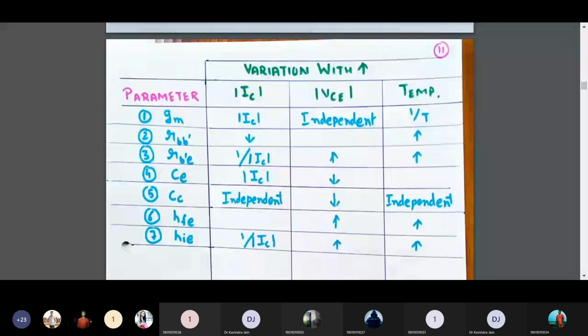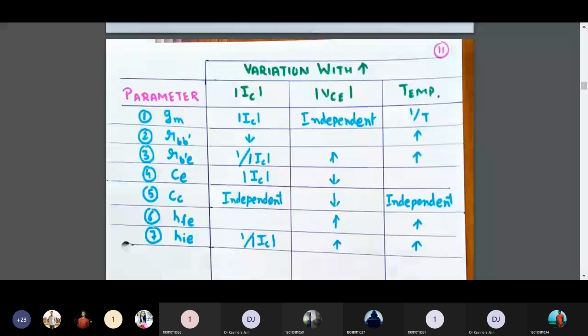We all know that the base spreading resistance is between the base and the virtual base, that is B and B dash, and IC is the output collector current. So the decrease in the input resistance RBB dash leads, at the output side, to the IC increase, due to conductivity.